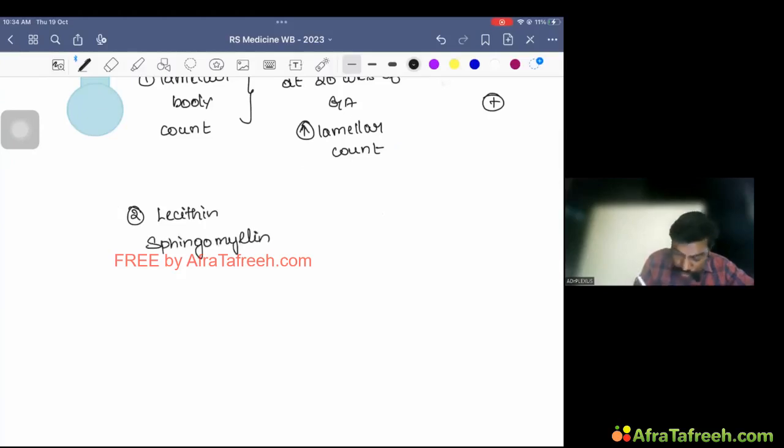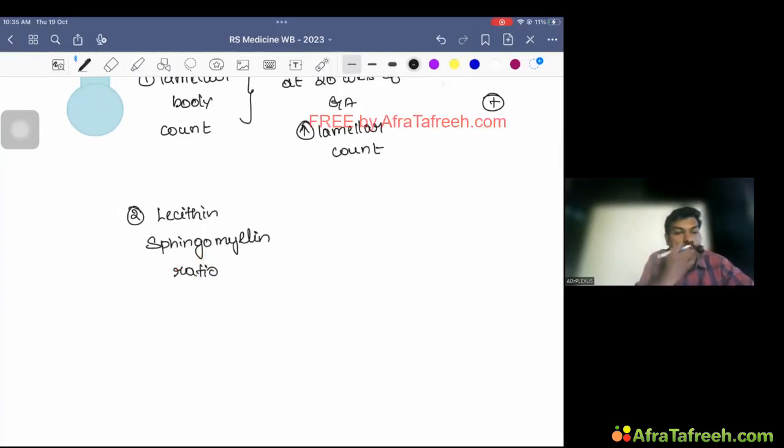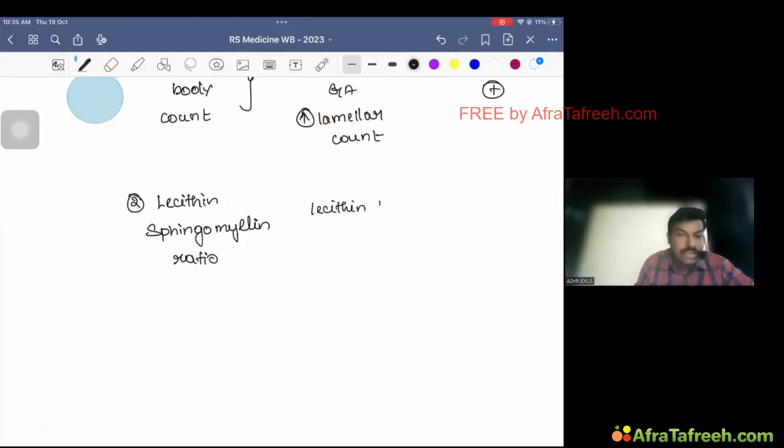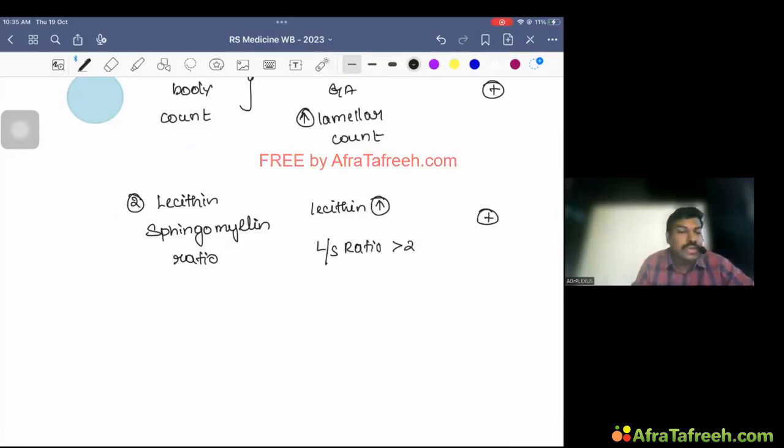The second thing we are going to look for is the lecithin sphingomyelin ratio. Usually at around 20 weeks of gestation, the lecithin level increases. Whenever your LS ratio is more than 2, then it means lung maturity is present.